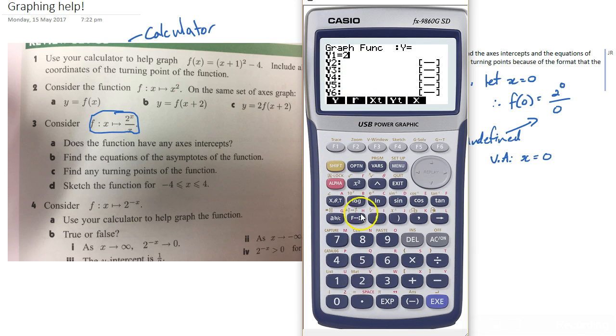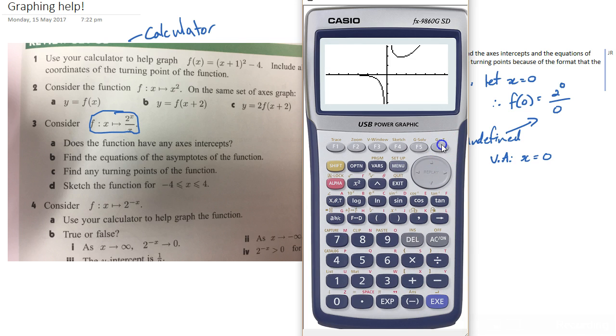I should probably make sure I get that right and put it all in brackets to make sure I take the whole thing and then divide it by x. What does that give us when we draw it? Yes, look, asymptotes, just as we wanted. Isn't that good? Very good.